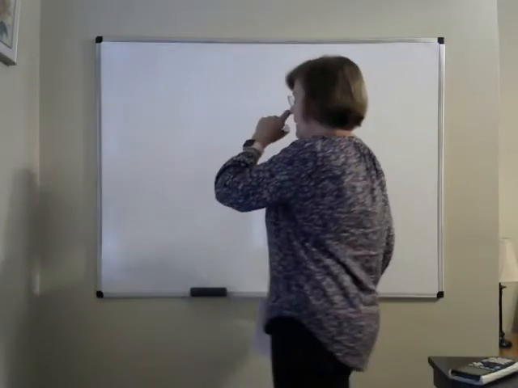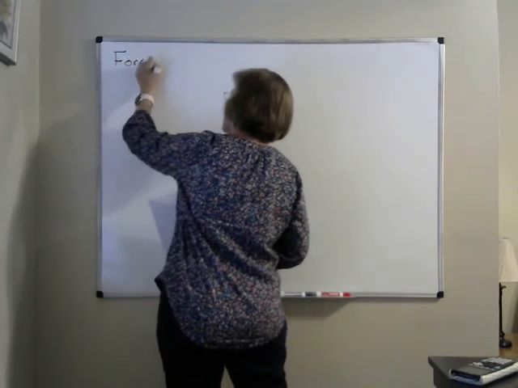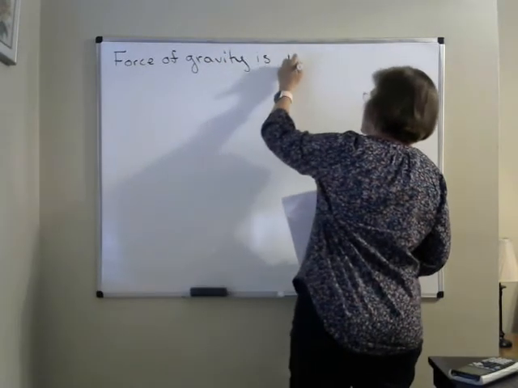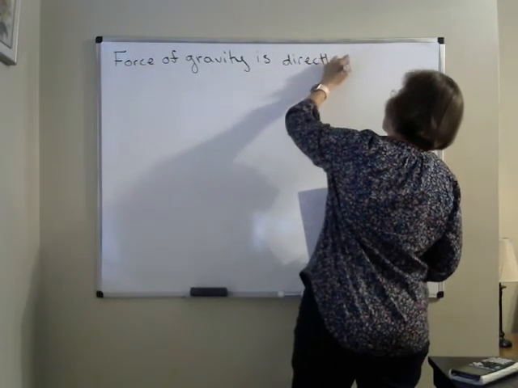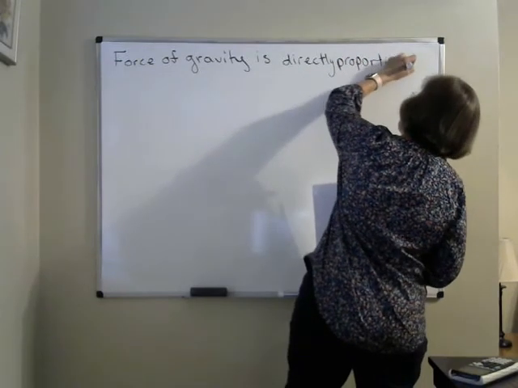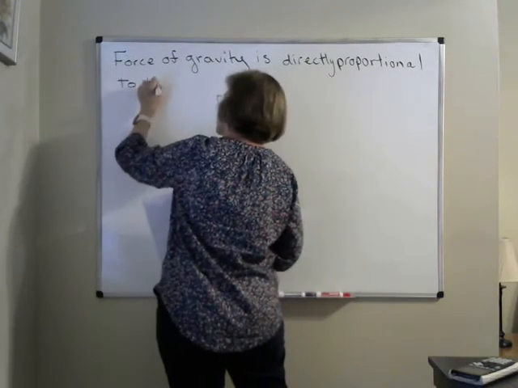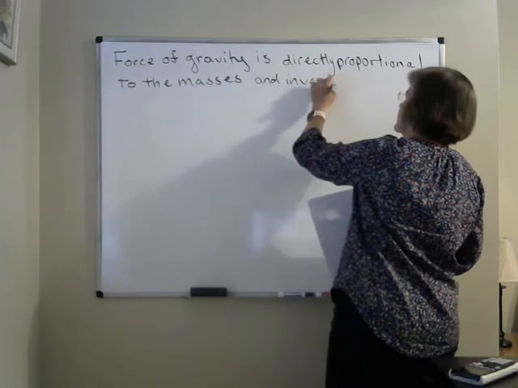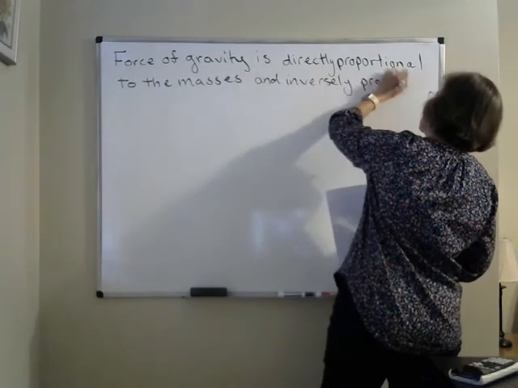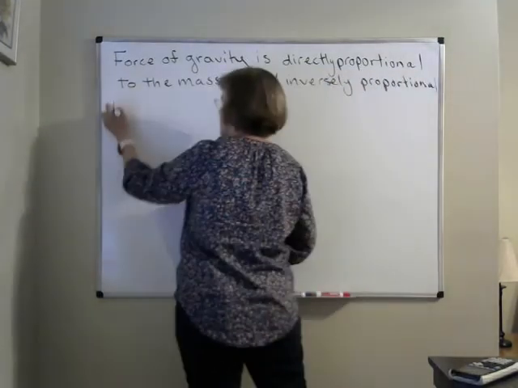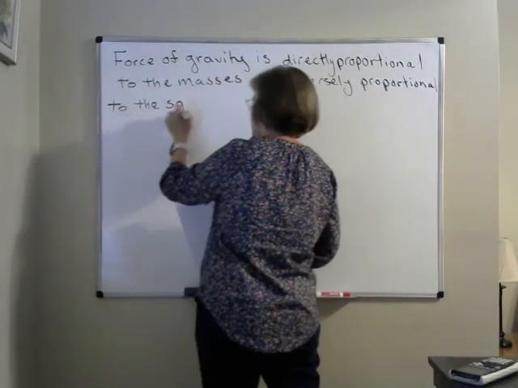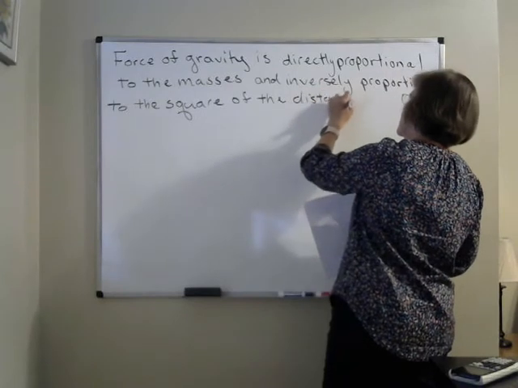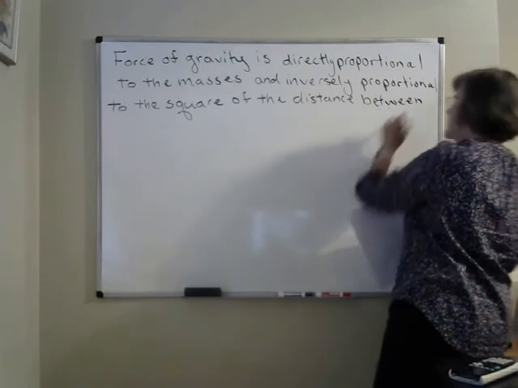And what he figured out was that the force of gravity is directly proportional to the masses and inversely proportional to the square of the distance between the masses.